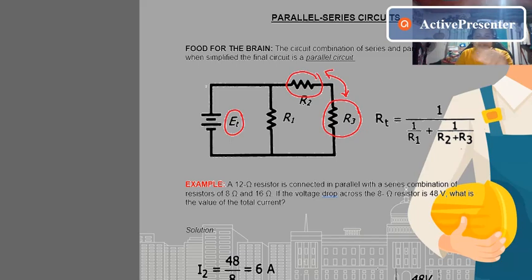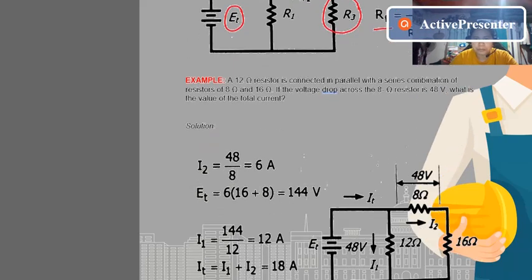So ang giingon ganina nga ang combination, therefore ang simplified final circuit will be parallel circuit. So solving for our R total, we have 1 over R1 plus 1 over R2 plus R3 since naka-series man siya. So apply na to sa tong example.